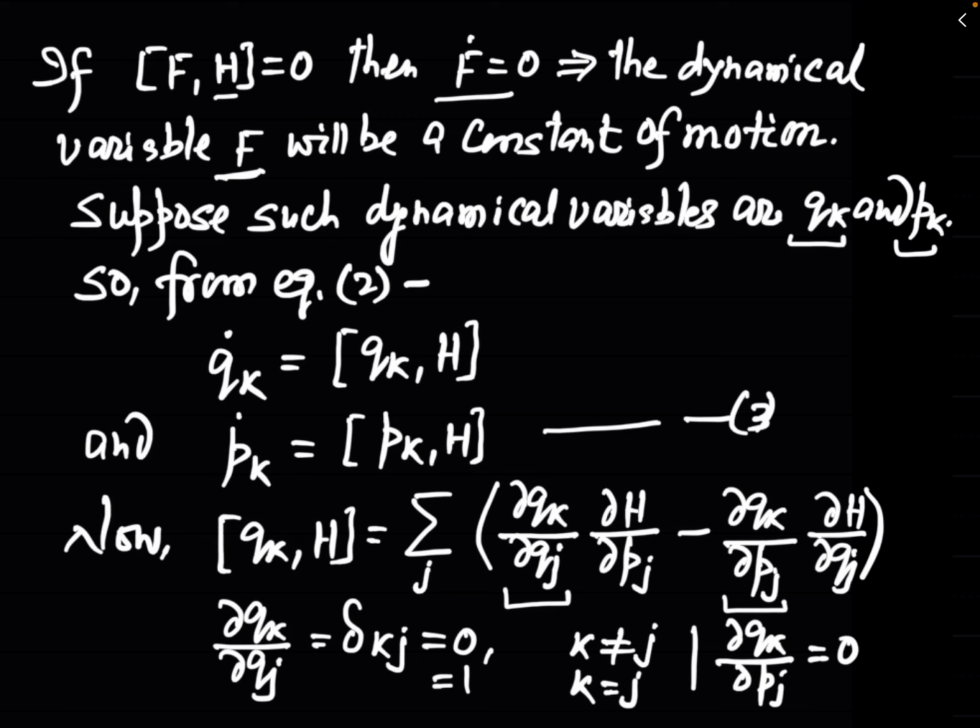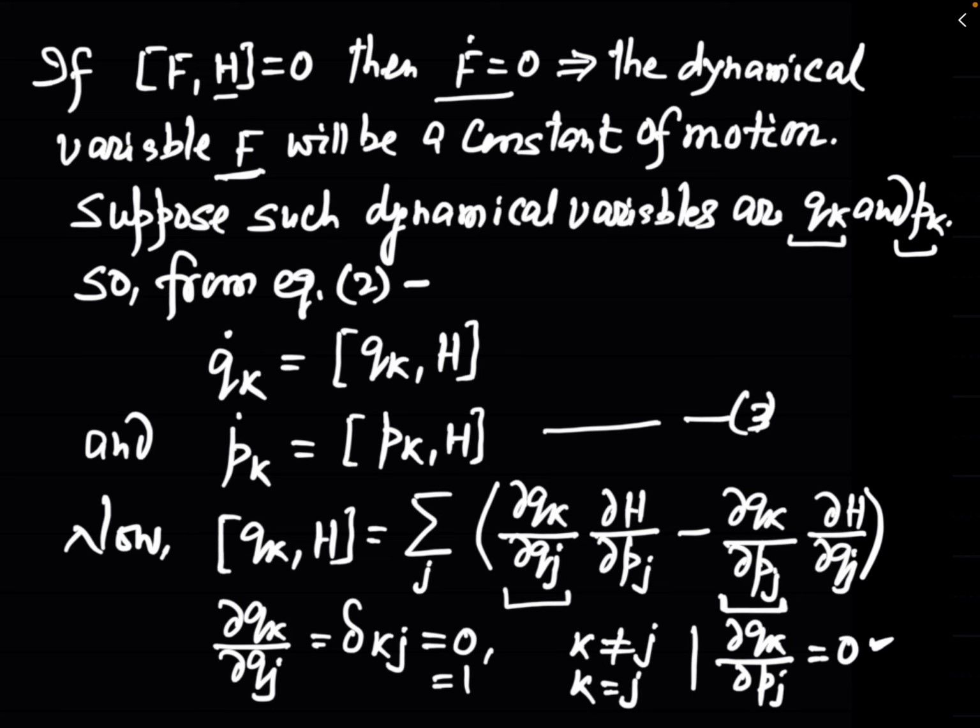So in the above equation defining this Poisson bracket, the second term will vanish because del QK by del PJ is equal to 0. So only the first term in RHS of this equation will remain non-zero here.